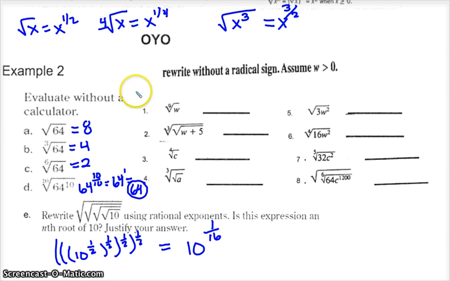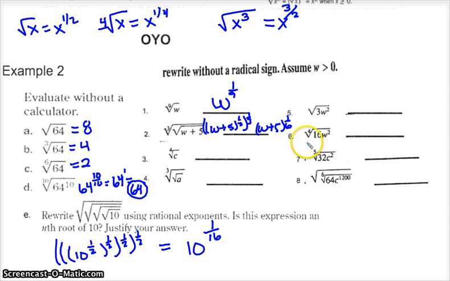Hopefully you were able to come up with some of these answers. Number 1 should be w to the 1/9. Number 2, when I simplify, and I'll go through a couple steps here, w plus 5 to the 1/2 power, and that is to the 1/3 power, should simplify to w plus 5 to the 1/6.